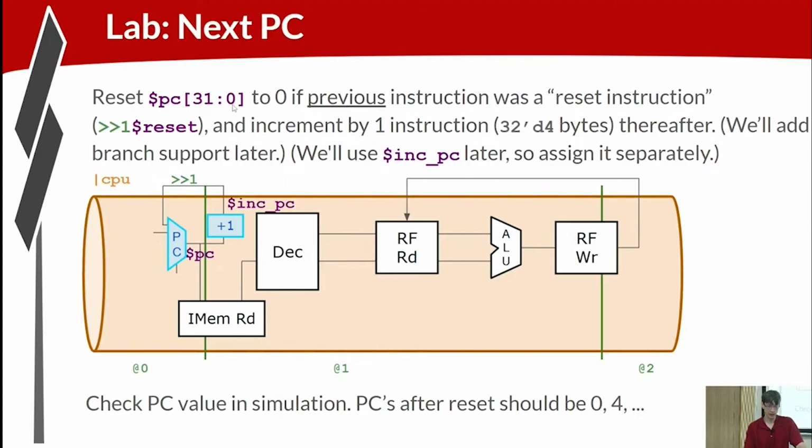To do that correctly, we want to reset the PC to 0 if this instruction was a reset instruction. So remember, this is set up with a reset pipe signal, as we talked about before, to consistently reset throughout the pipeline.